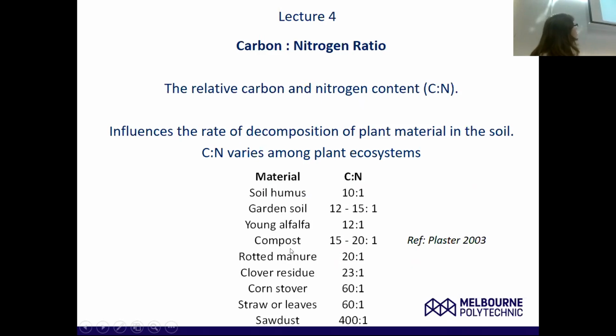We have a compost here, and you can see again the C to N ratio, and this gives you examples of how this may vary. So we've got clover residue where it's 23:1, and then straw, for example, is 60:1. So the higher this number, the higher the amount of carbon, the more organic matter in the soil.